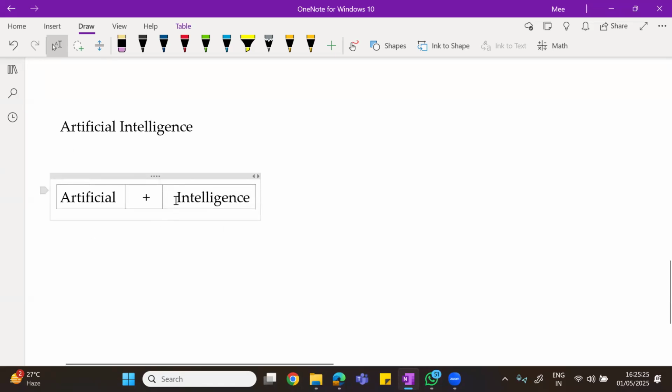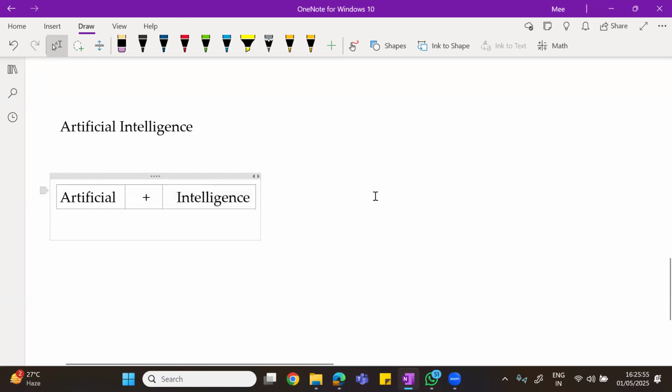Now, let's keep intelligence aside a bit. Intelligence is a very generic word. It's very difficult to connect it to a particular sector or field. Intelligence is nothing but when you have exceptional knowledge in any particular sector, we call it intelligence. Okay, we will keep this one aside.